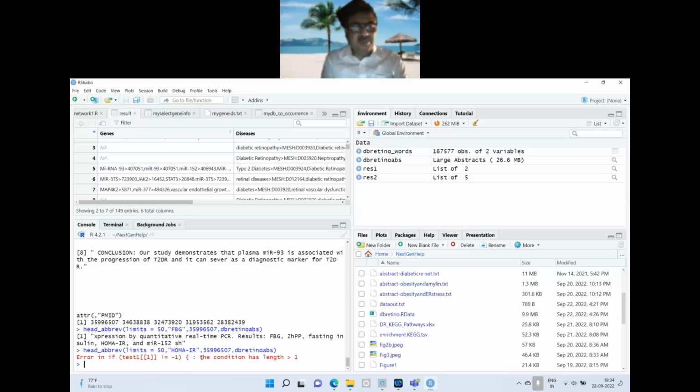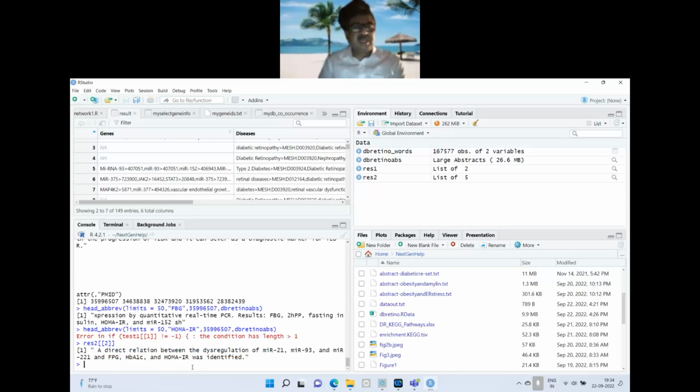Let's go to the second paper. And here again microRNA 93 is there, and there is only one entry here, and a direct relation between the dysregulation of MIR21, MIR93, MIR221, and FPG, HbA1c, and HOMA-IR was identified.